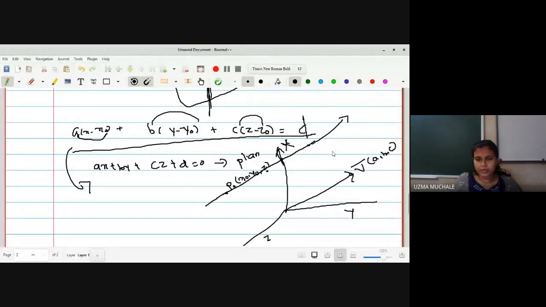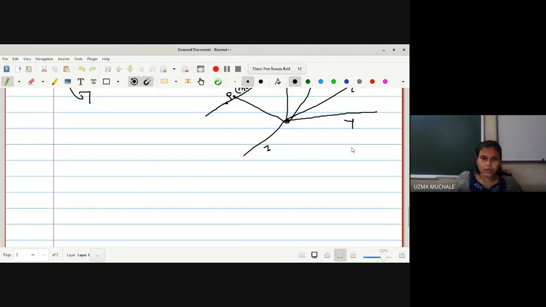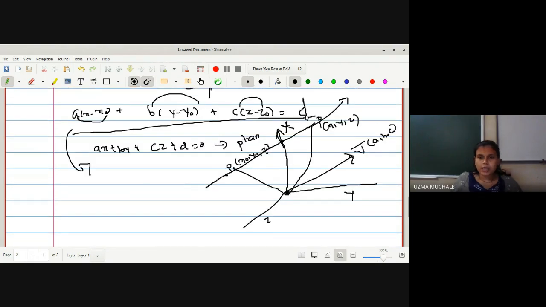Now, can you find out this one? What you have to do first, you have to draw this one, and this is an arbitrary point, say P, with the coordinates x, y, z, right? So now you can find out the distance P naught P is equal to T into V. What do you mean by T into V? This is the expected line passing through x naught, y naught, z naught, and it is parallel to V, right?